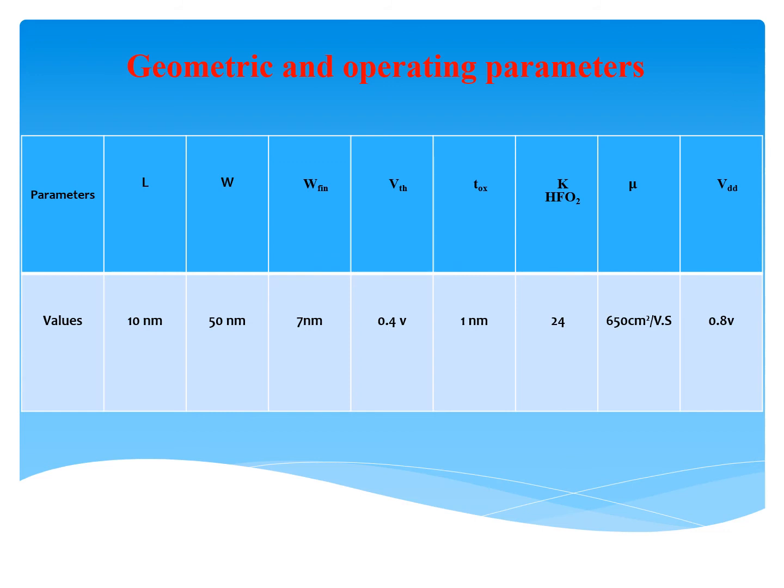The oxide thickness 1 nanometer. Height of the gate in this simulation, the oxide used is hafnium oxide. Mu, the mobility, 650 centimeter square per volt second. The supply voltage 0.8 volt.